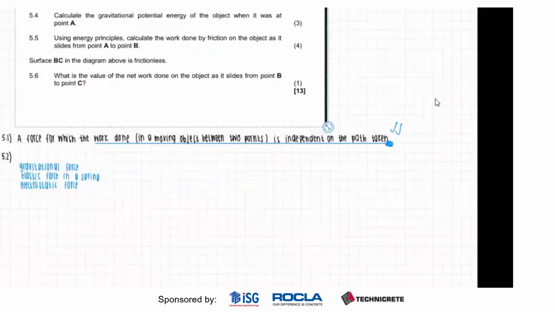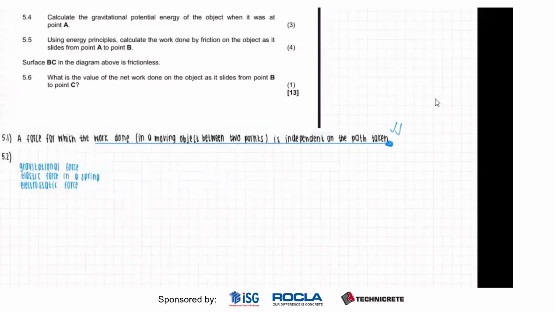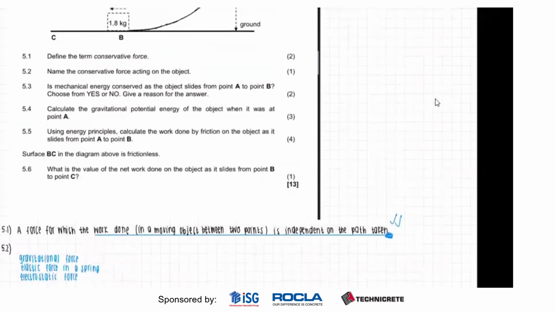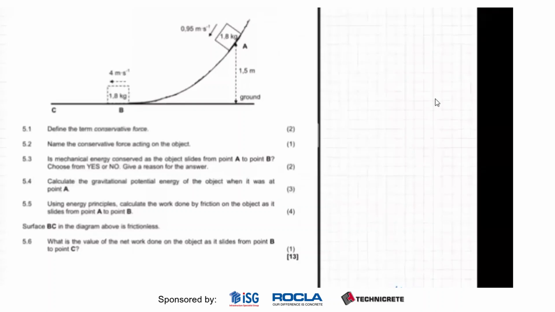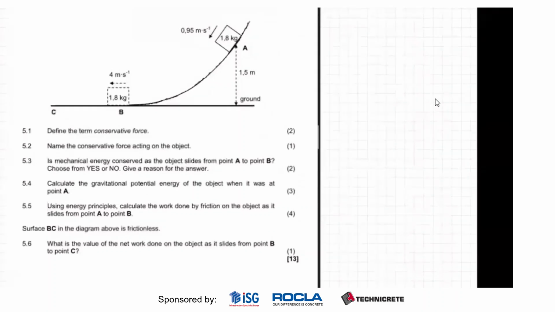Now in our question, they're asking us to name a conservative force acting on this object. So we can't just name any one of the conservative forces that we know. We have to apply it to this question. In this question, we don't have elastic force in a spring, we don't have a spring. We don't have electrostatic force, there's no electrostatics involved here, but we do have gravity.